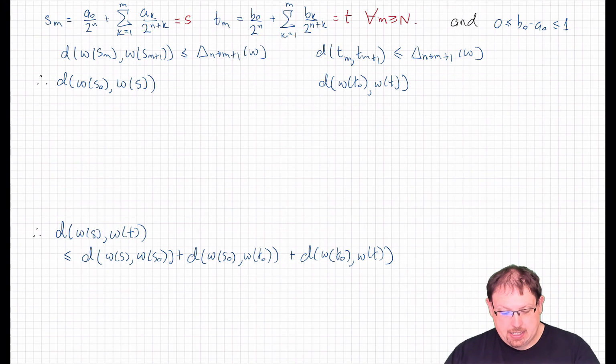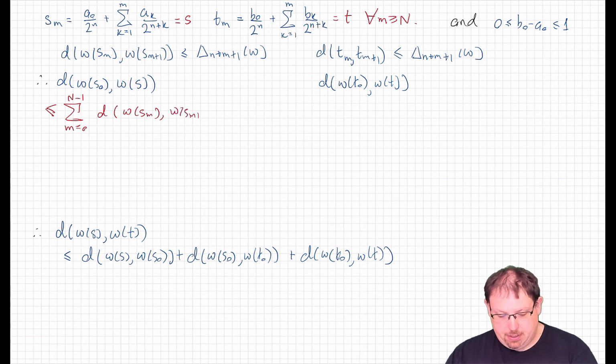I can estimate the distance from omega of the true number s to omega of its base approximation, this one here. And I'll do that by taking a telescoping series and comparing first omega of s_0 to omega of s_1, then omega of s_1 to omega of s_2, and so on down the line. Applying the triangle inequality to that, I get that that's going to be less than or equal to the sum, m going from 0 up to capital N minus 1, which is the point where we actually reach s, of the distance from omega of S_m up to omega of S_{m+1}.